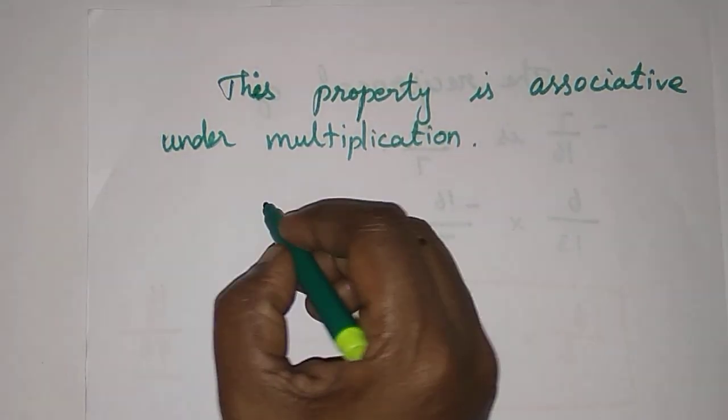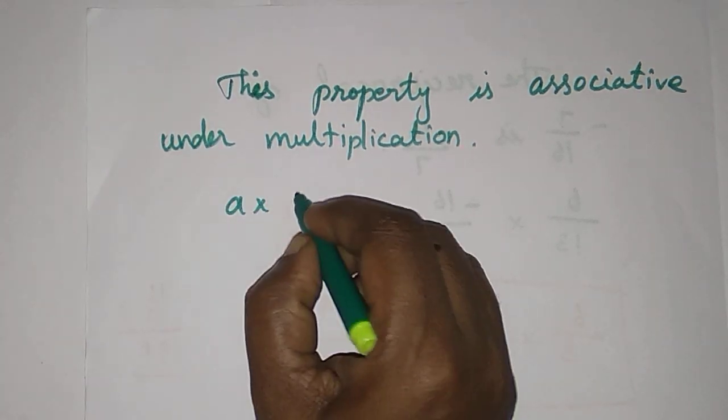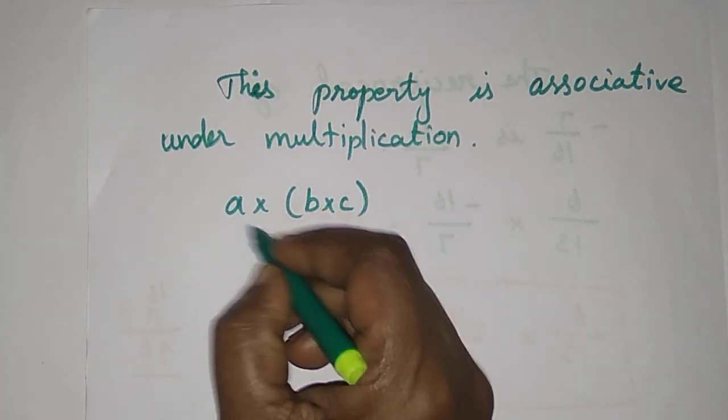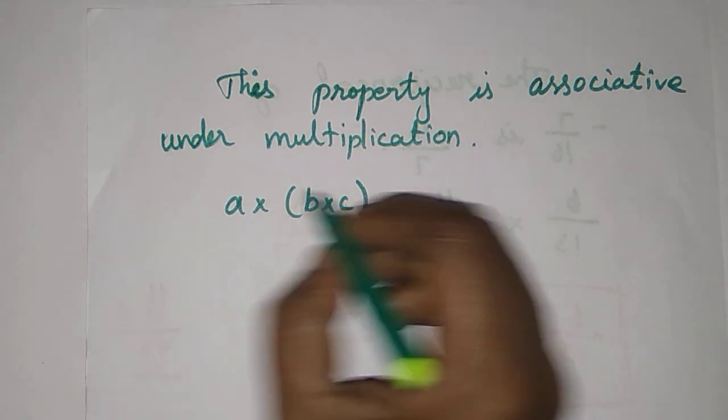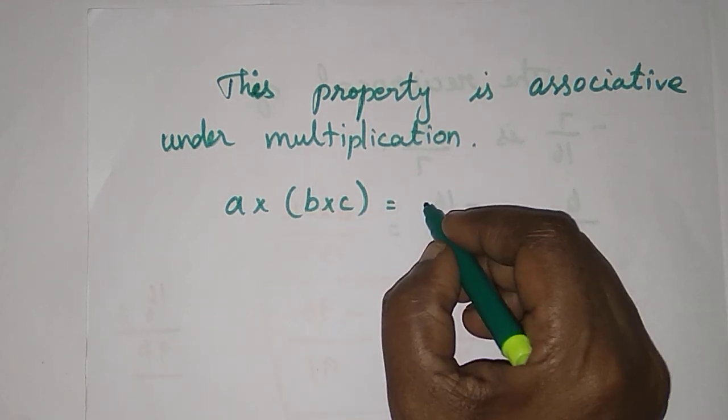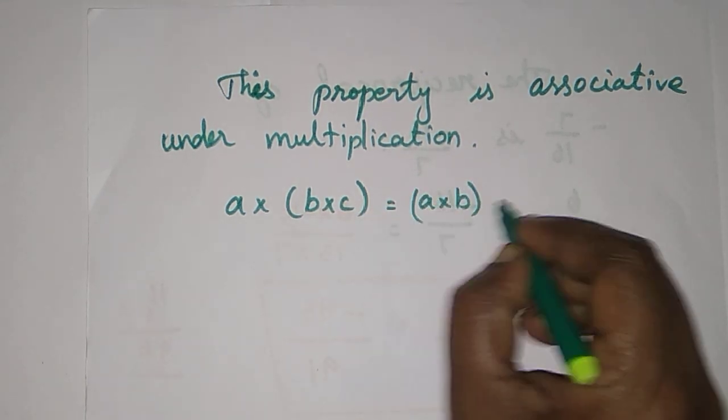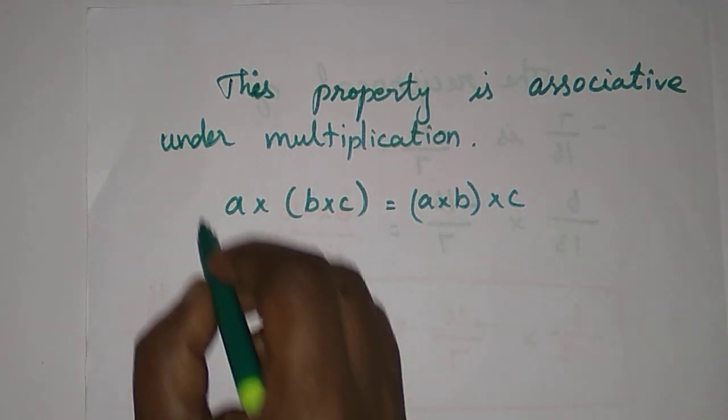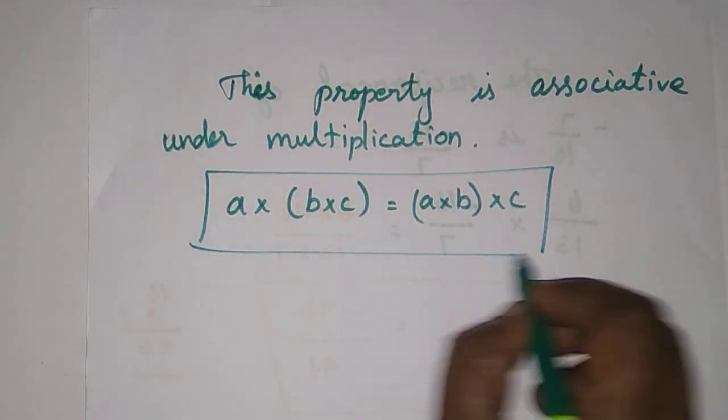So you write this property. What is that? A into B into C is equal to A into B into C. This is a property. We are using this property only.